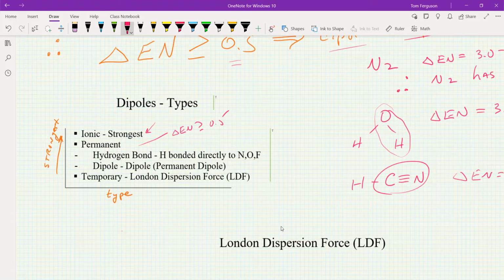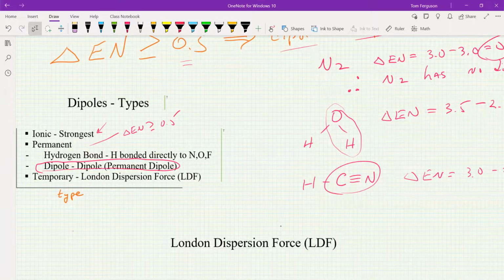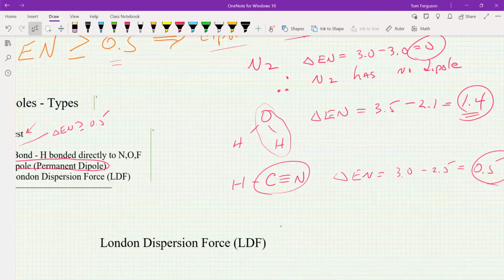Okay, I've already talked about this guy here. That would be like when we have carbon and a nitrogen.